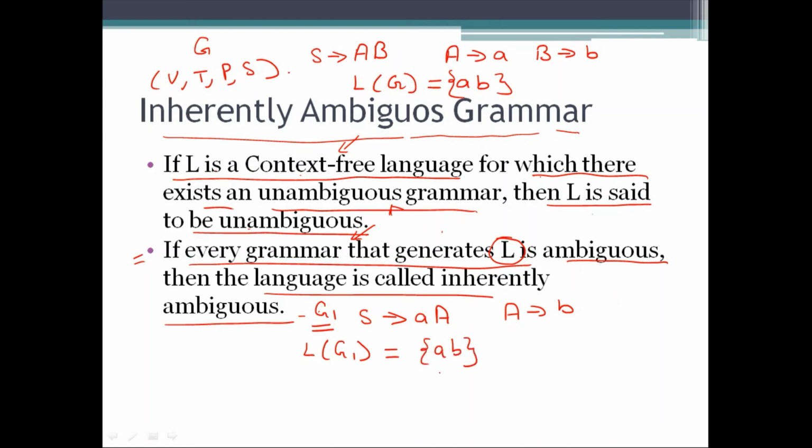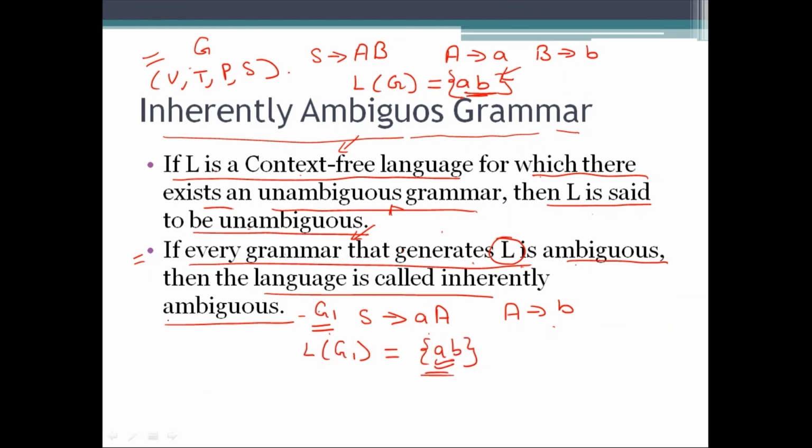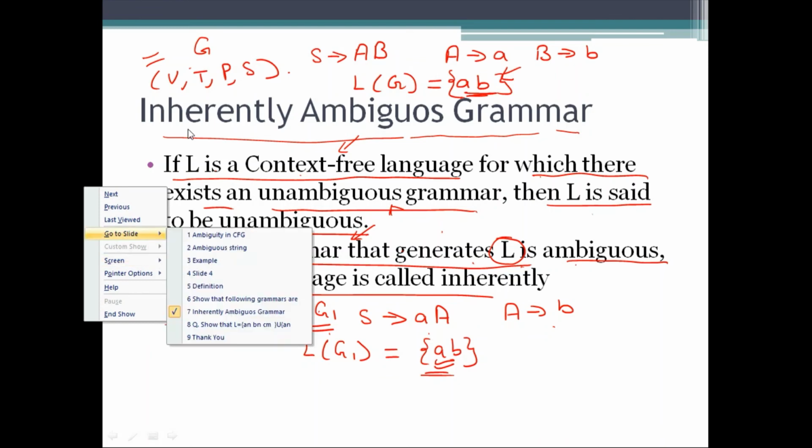Fine. So you can see the language is the same, containing the string ab, but you have more than one grammar. The grammars are different but the language is the same. So you can find such examples. In that case, it says that if every such grammar that generates L is ambiguous, then only that language is called inherently ambiguous.